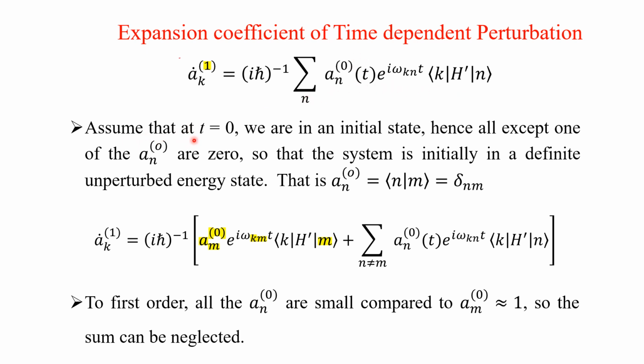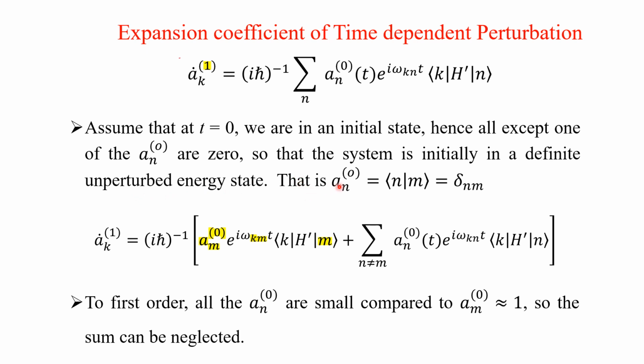Assume that at time t equal to 0, just before applying the perturbation, we are in an initial state. Hence, all except one of the an 0 are 0. This assumption is very reasonable, because at the initial state you can have only one coefficient, because the system is initially in a definite unperturbed energy state.